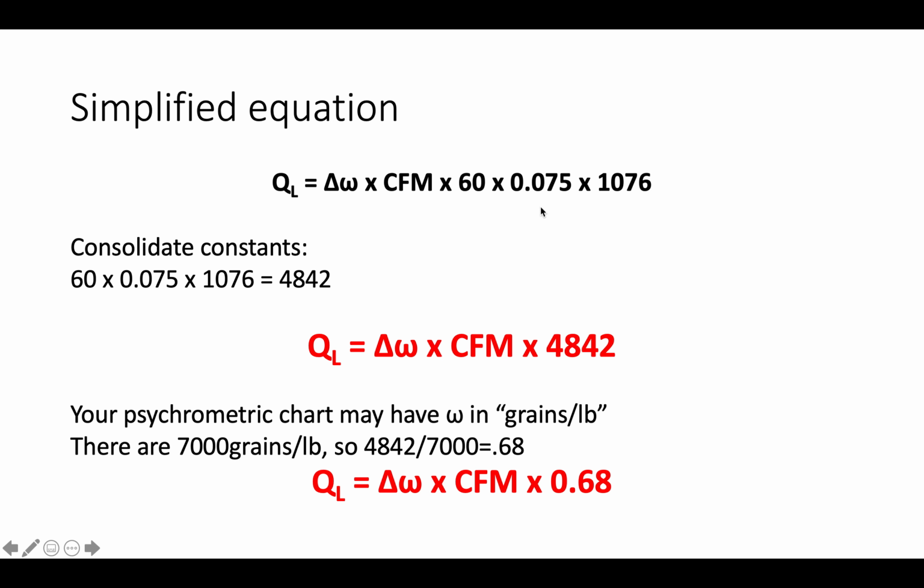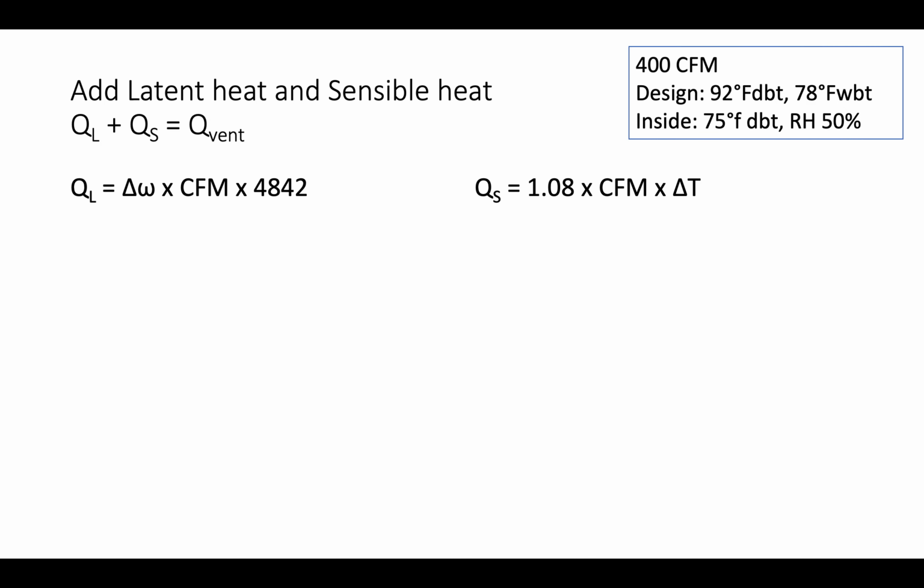We can simplify that equation, since we've got a bunch of constants that we can consolidate. So the equation we're going to be working with is the difference in absolute humidity times the flow rate of the air times this consolidated constant, 4842. And that's what we're going to be using.